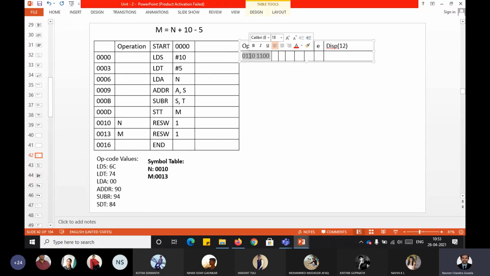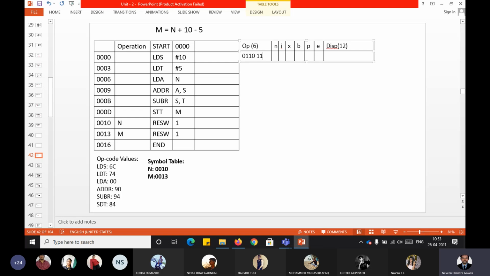When you write 6C in bit format, you need 8 bits, but the field is only 6 bits. So in order to fit the 8 bits into 6 bits, you have to neglect the last 2 bits, irrespective of zeros or ones. That is where you make it 6 bits.